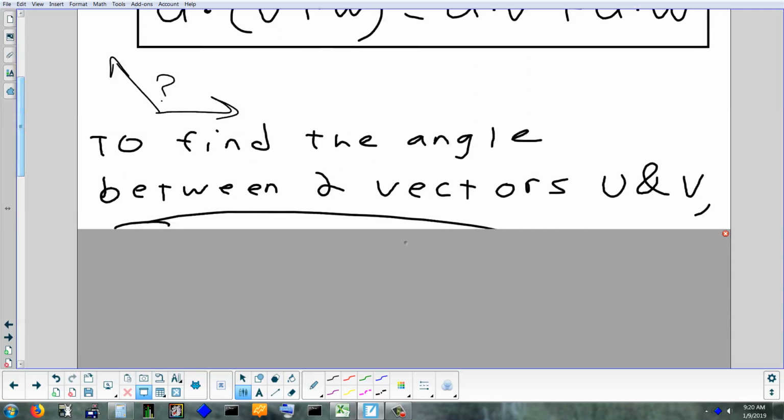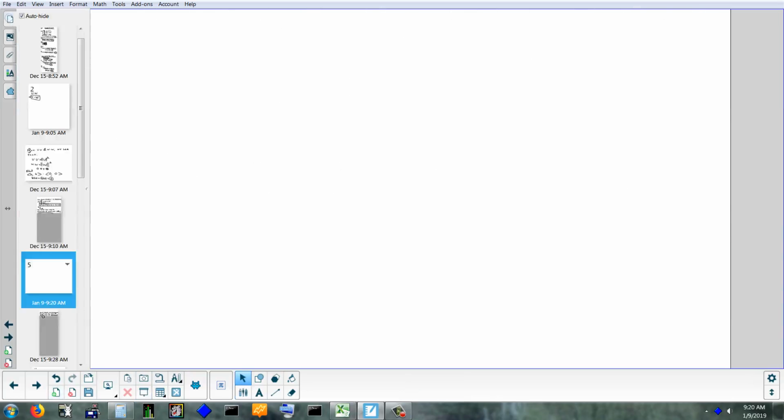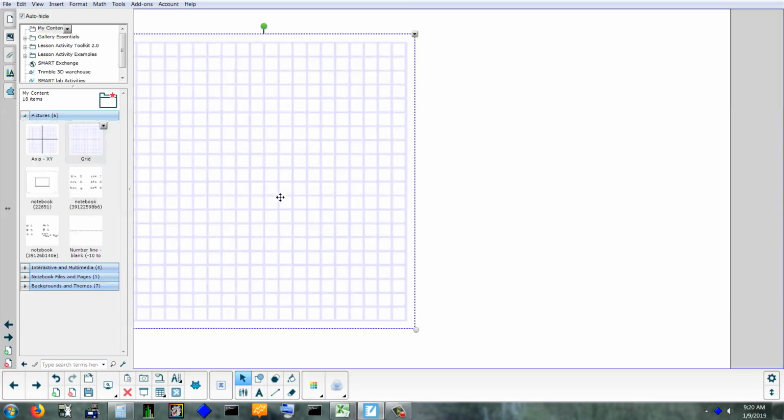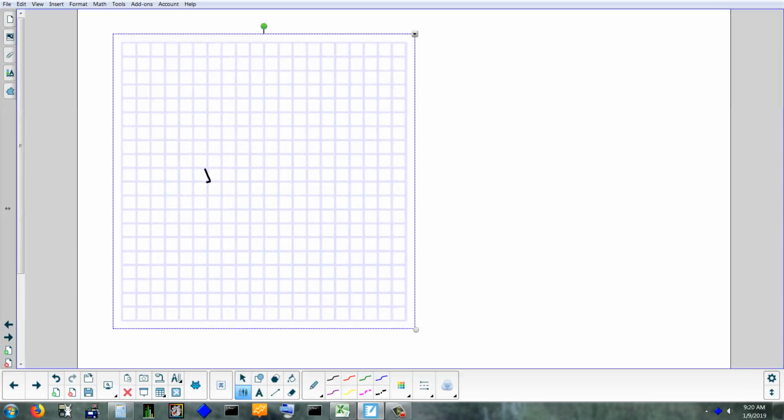Now, if you didn't have the formula that I'm about to give you, let's just say you had something like this. You've got a grid, and you've got a vector that goes like that, and a vector that goes like that. Technically, you should be able to find that angle.